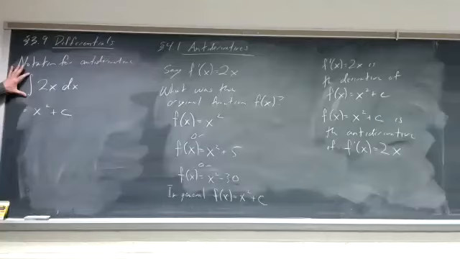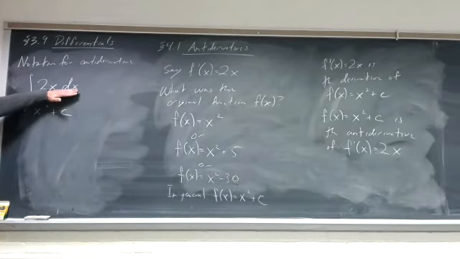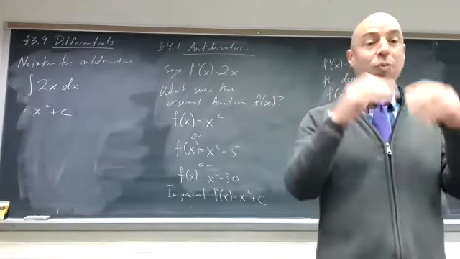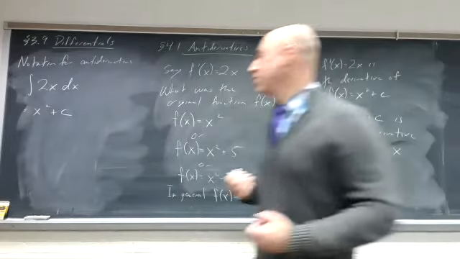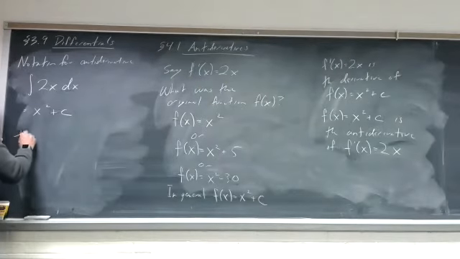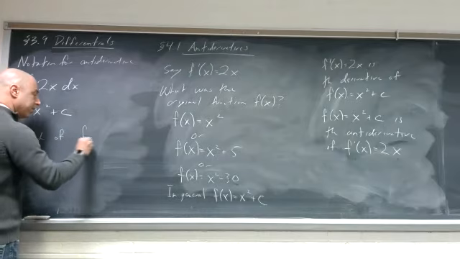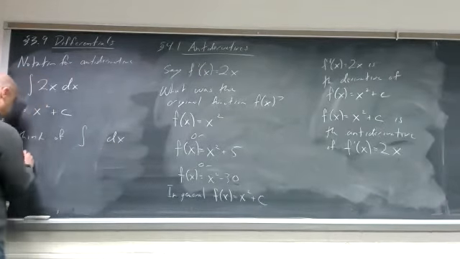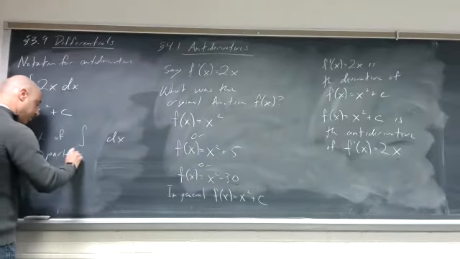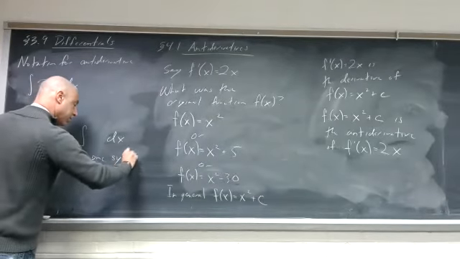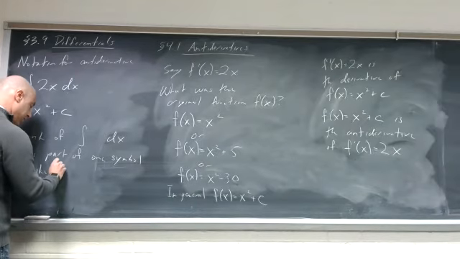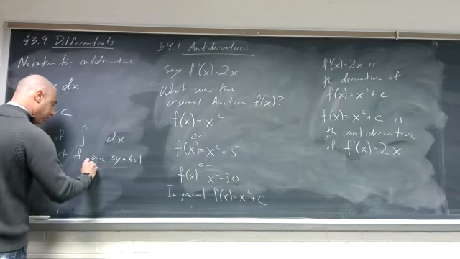So this symbol, which we call an integration symbol or integration sign, and this dx, think of them as open quotes and close quotes right now. Just think of them as open and closed, and whatever's inside, you're taking the antiderivative of. Think of this as all part of one symbol, just like open quotes and close quotes.